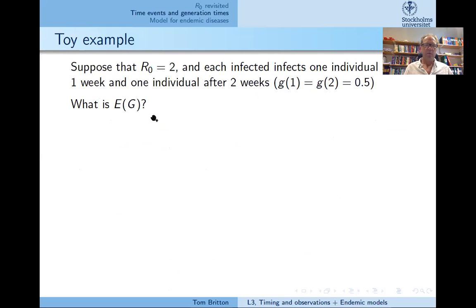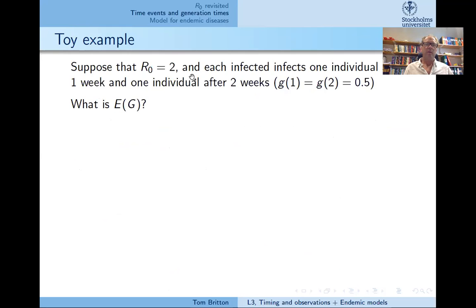Here comes a very simple toy example, not claiming to be realistic, but anyway, I will try to show a point. Suppose that R0 is 2, so on average you infect 2 people. We're in the beginning of the outbreak, so we can forget about there being a big immunity in the community.